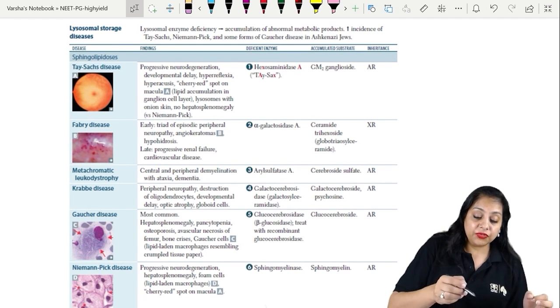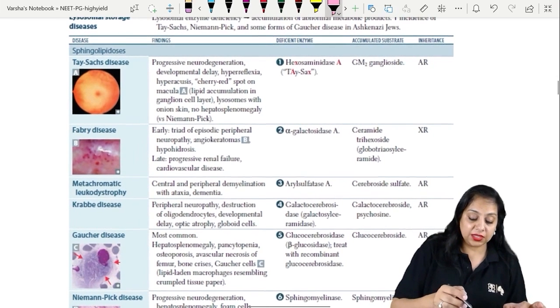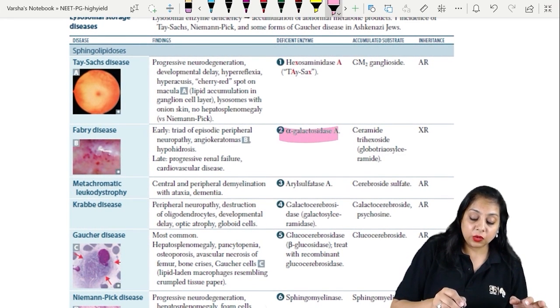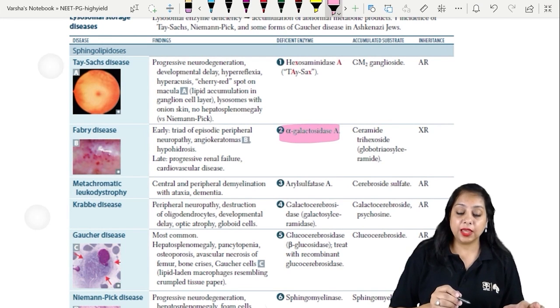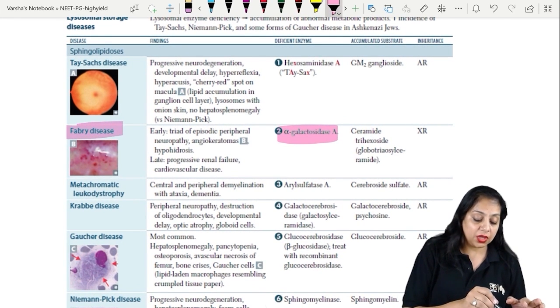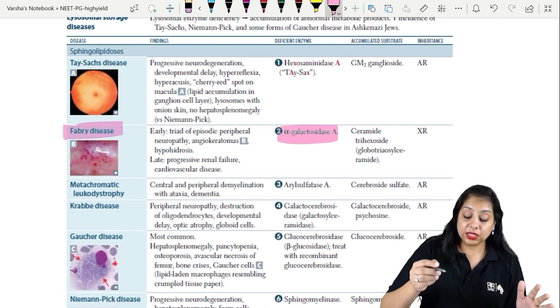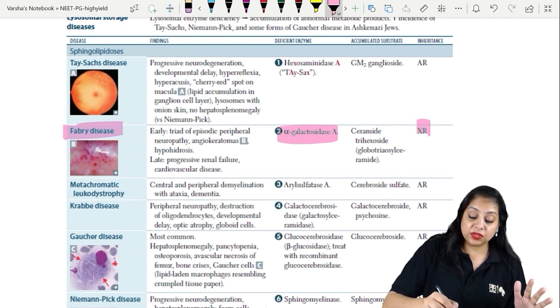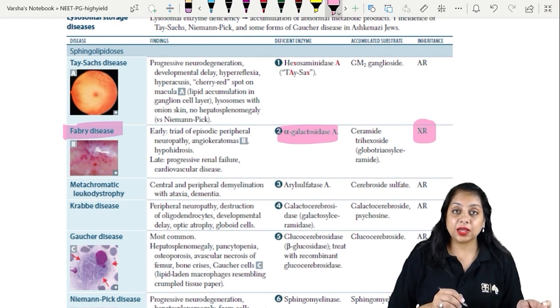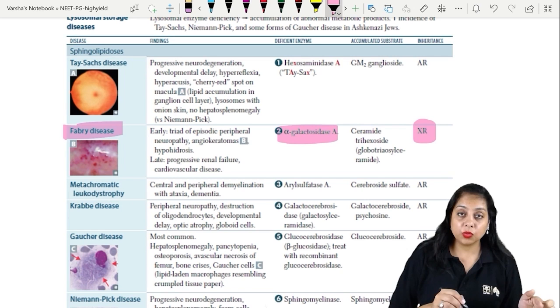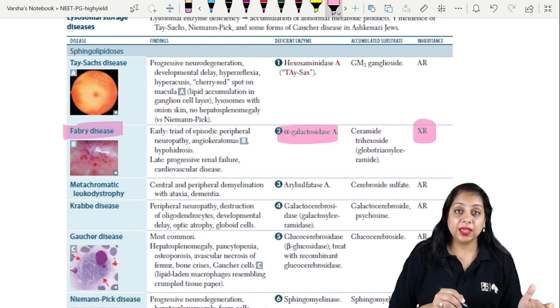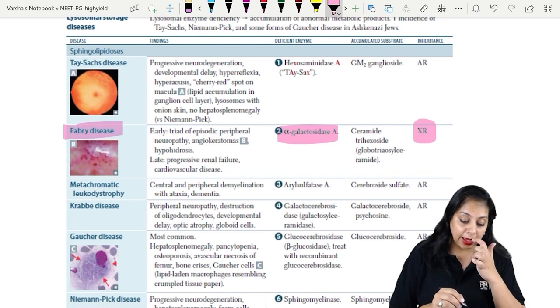For example, if there is a deficiency of galactosidase enzyme in the lysosome, that gives rise to Fabry's disease. Fabry's disease is the only sphingolipidosis which is X-linked recessive in inheritance. It is not autosomal dominant, it is not autosomal recessive, but X-linked recessive.